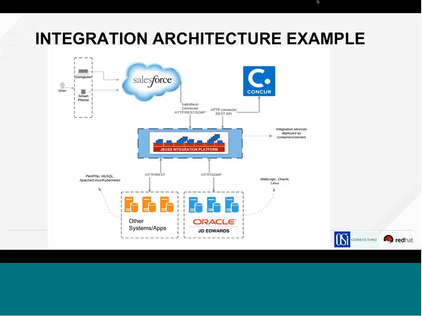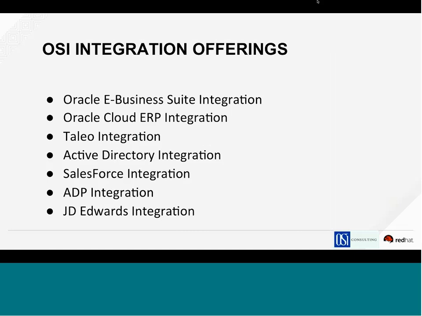In the next slide, I'm going to talk about the various other integration offerings which OSI has to offer. Of course, Oracle E-Business Suite is one of the most popular ERP systems in the entire world so far, and we have integrated a lot of business applications around E-Business Suite.